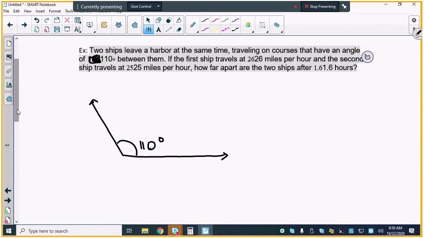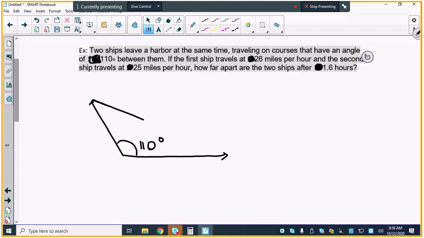If the first ship travels at 26 miles per hour and the second one travels at 25 miles per hour, how far apart are the 2 ships after 1.6 hours? And I am sorry for having these typos.